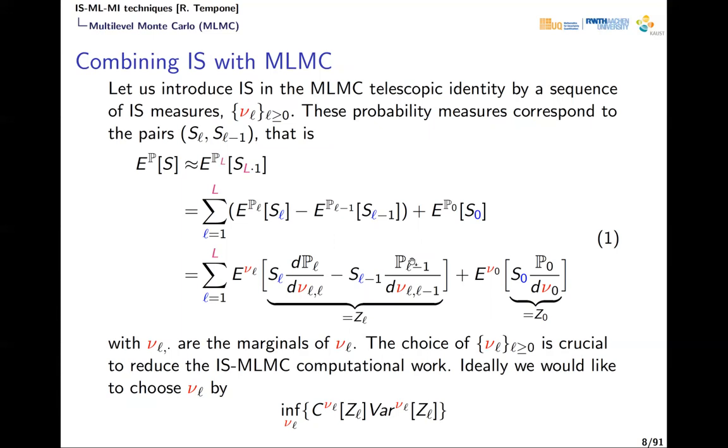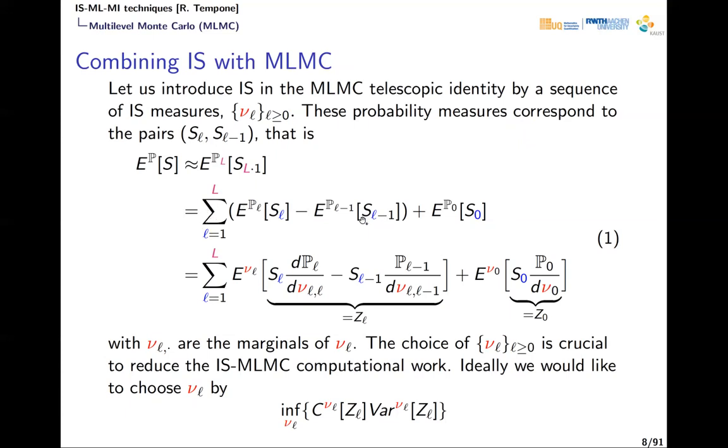Let us introduce then importance sampling in the multi-level Monte Carlo telescopic identity using a sequence of importance sampling measures that we denote here by nu L, and these probability measures will act on the pairs SL and SL minus 1, so that we approximate our expectation under P of the exact quantity of S by an expectation under an approximate measure PL of the approximate quantity, say SL, in the following way.